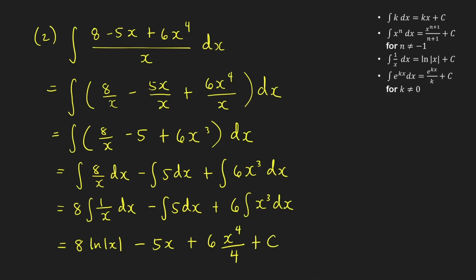Now we can cancel a common factor here. The common factor is 2, so we'll be left with factor 3 and then factor 2. So we can write our answer as 8 ln of the absolute value of x, minus 5x, plus 3 halves x raised to 4, plus c.